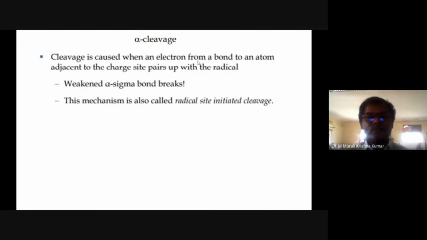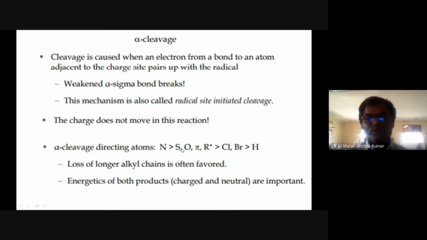The next one: that is all about sigma cleavage. In case of alpha cleavage, what is the meaning of alpha? Cleavage is caused when an electron from a bond to an atom adjacent to the charge site pairs up with the radical. Usually, when heteroatoms like nitrogen, sulfur, oxygen, chlorine, bromine are in the neighboring atom, they tend to induce alpha cleavage.